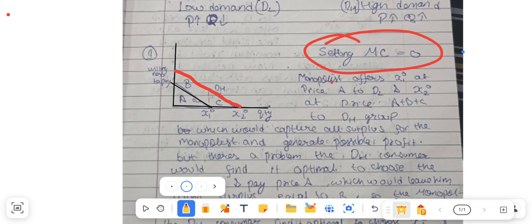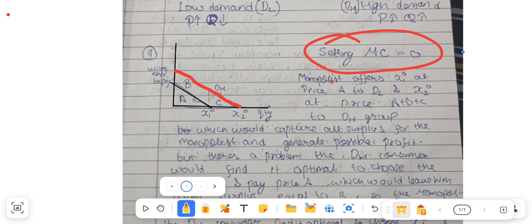For example, if I am supplying 10 quantities of bread, the marginal cost of producing those 10 quantities for me is almost 1. But I am delivering these 10 quantities on the basis of demand to different levels of groups. So for me the marginal cost is the same, and for producing an additional unit the cost is almost zero.